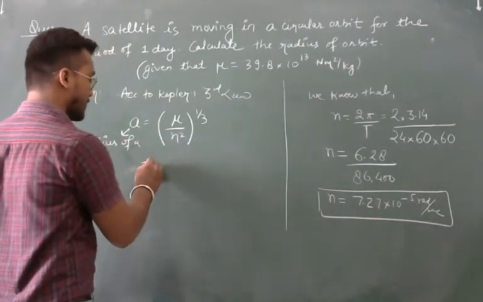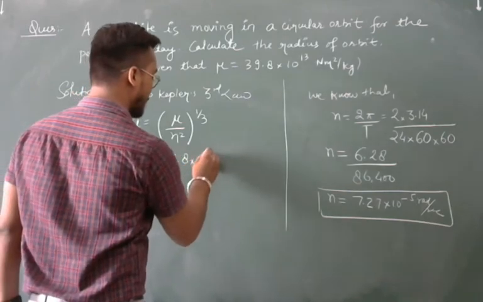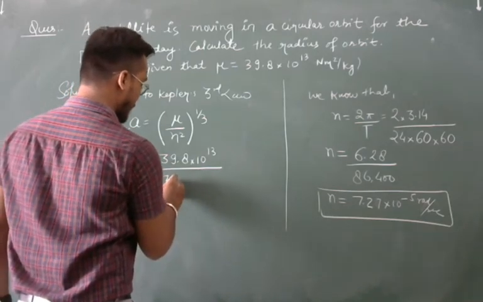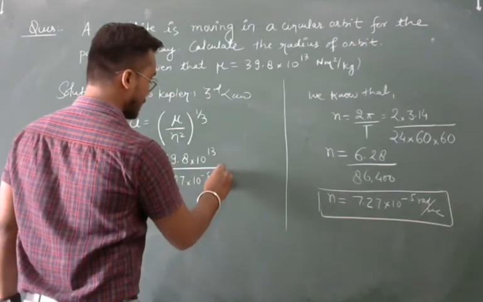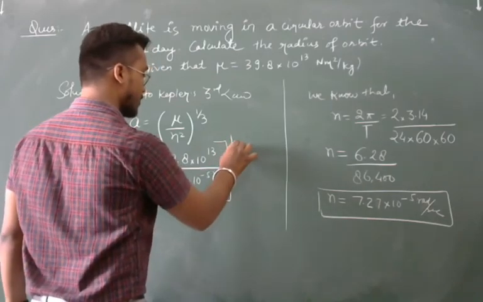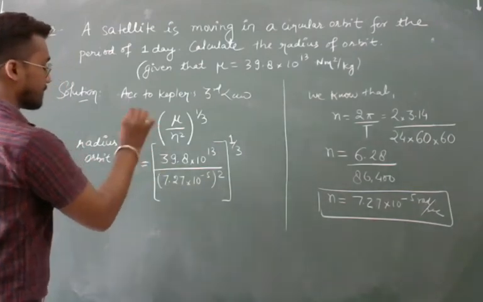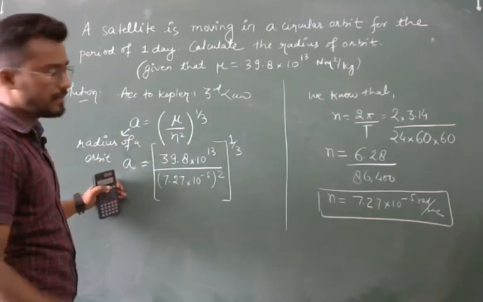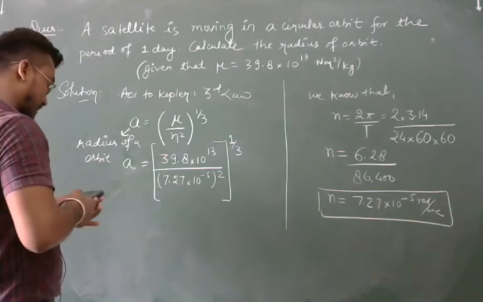So let me write first of all, that is 39.8 into 10 to the power 13 upon 7.27 into 10 to the power minus 5 का होल स्क्वायर और इस पूरे वैल्यू का क्यूब रूट, that is 1/3. What is this? Now we have the value for this a, but simply you have to apply the mathematics. तो हम इसकी वैल्यू पहले फाइंड आउट करेंगे.